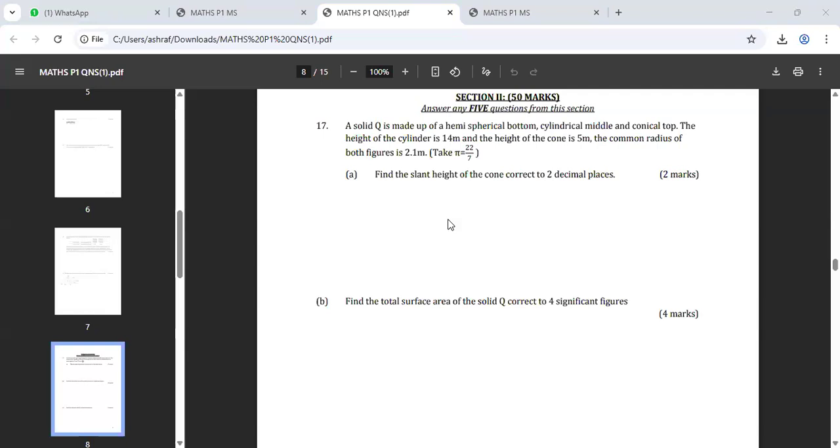Yes, Melvin? The area of the hemispherical part is 27.72. 27.72, that's correct. Anyone with the area of the cylindrical part?